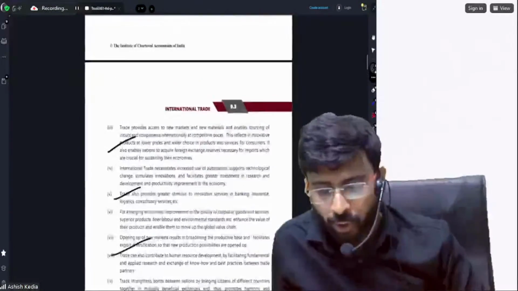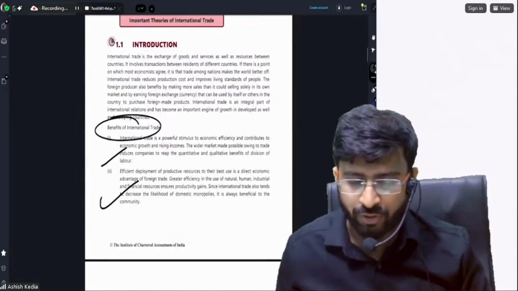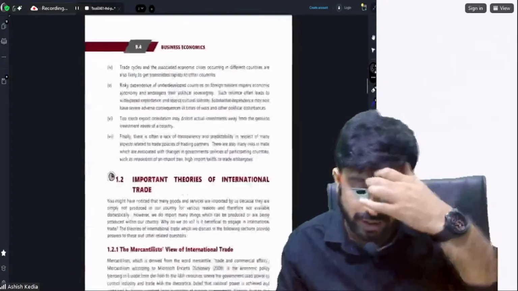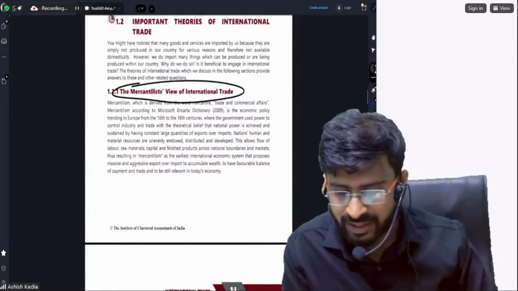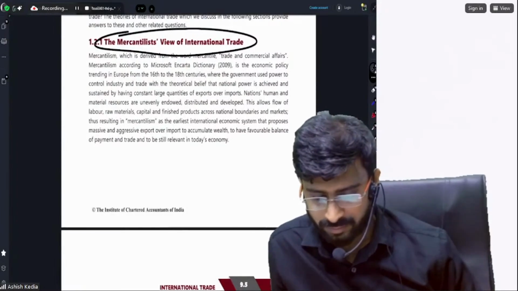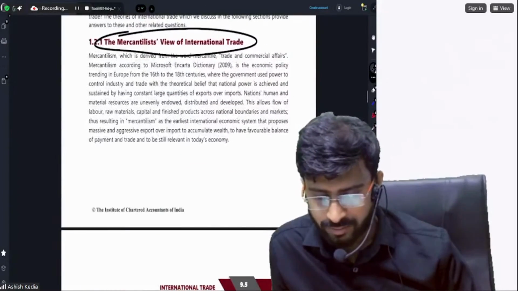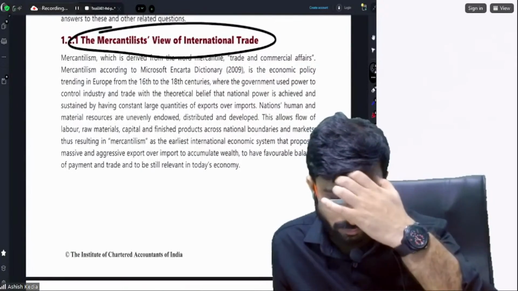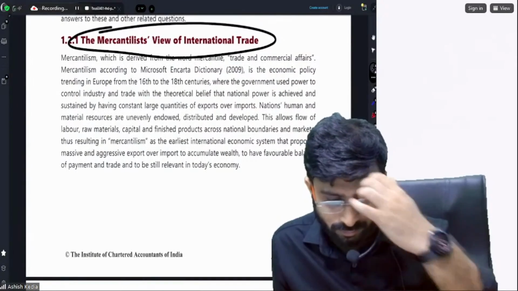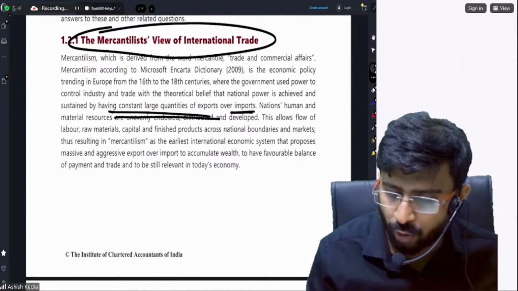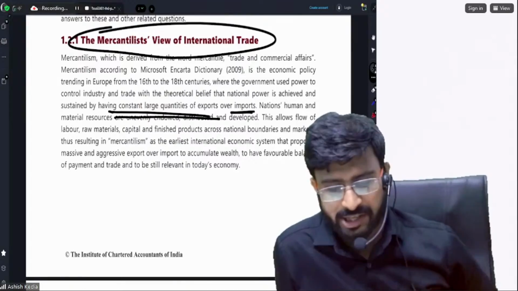Just wanted to show you, we are going as per ICAI material. We did benefits of international trade. Then we did arguments, that is demerits of international trade. Then we discussed the mercantilist view. See, it focuses on exports over imports, as I had told you.